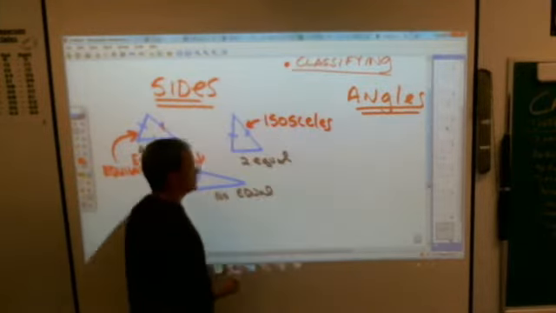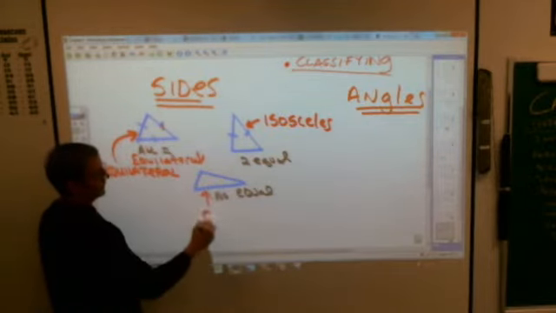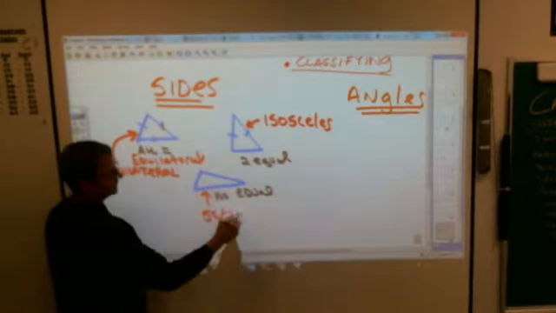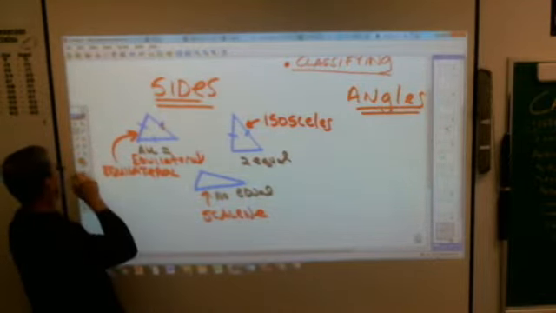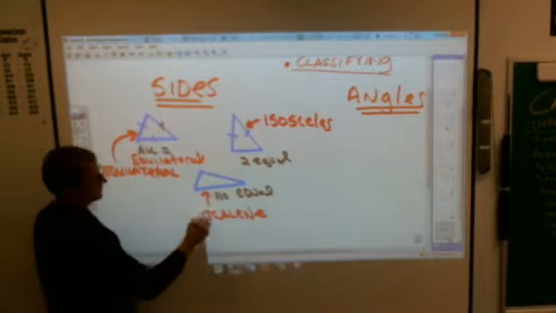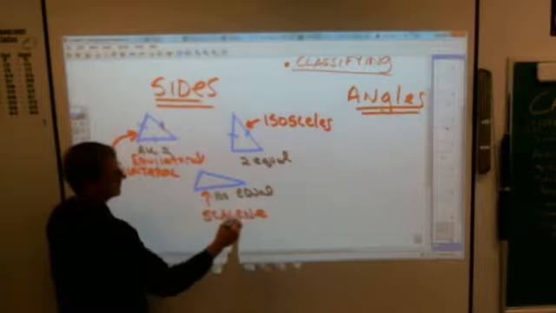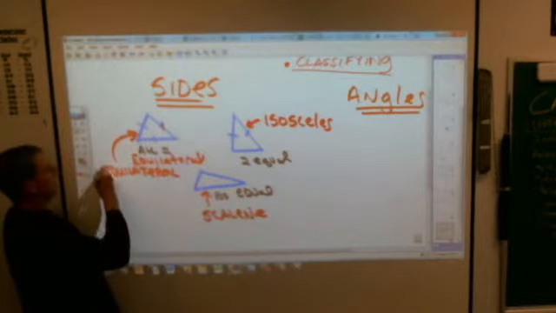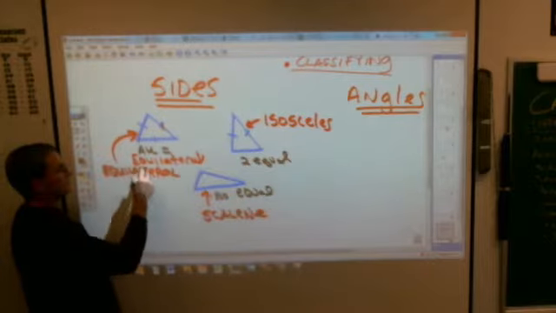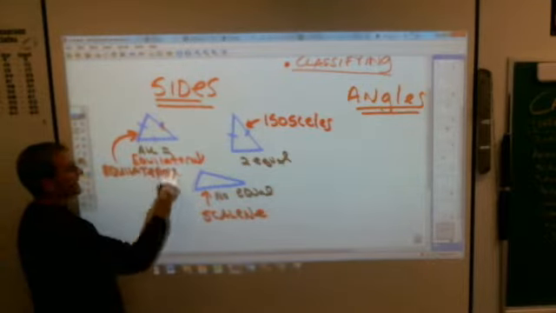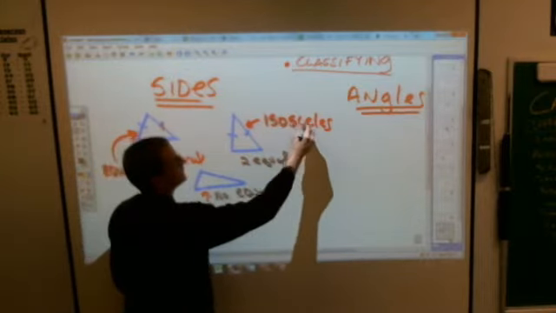And then if no sides are equal, this is called a scalene triangle. None of those are difficult, but you do need to look in your notes, because that will make your life that much easier. And then notice again, this is classifying triangles by their sides.